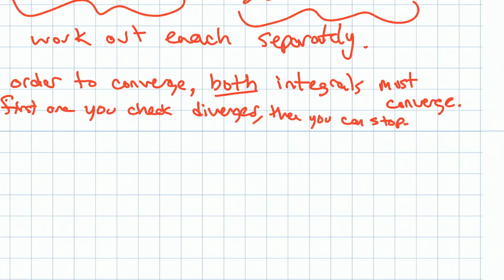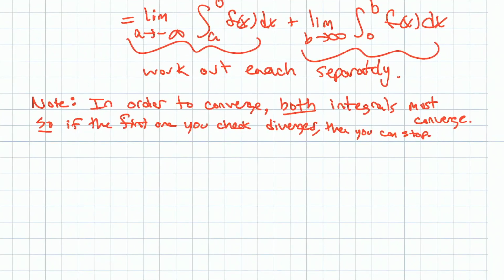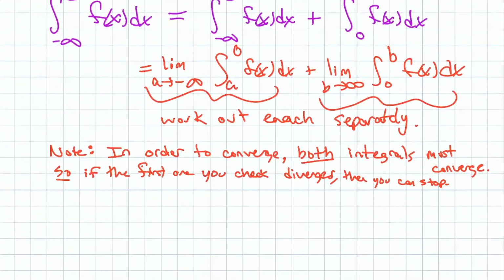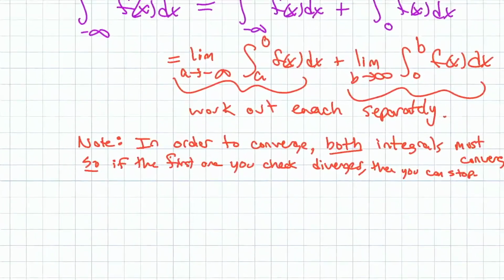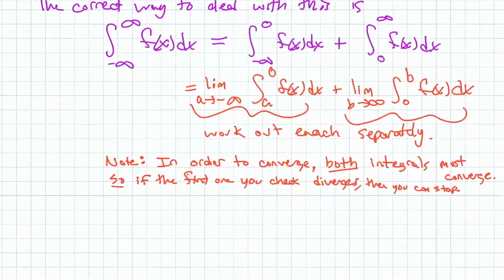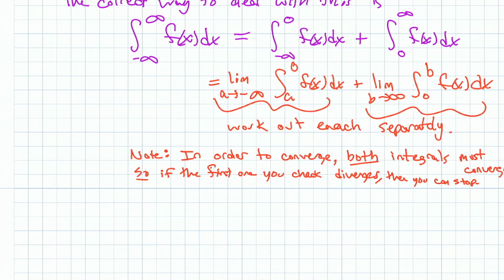Okay, so if the first one you check diverges, you don't need to bother with the other one, because if one of them diverges, they both diverge. No, that's not right. If one of them diverges, the whole thing diverges. The original one diverges. But that's the formal way to deal with it, and so you should be aware of this.